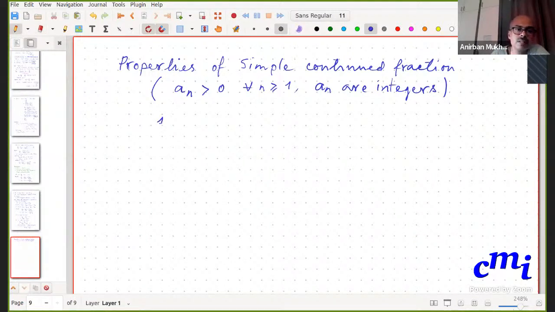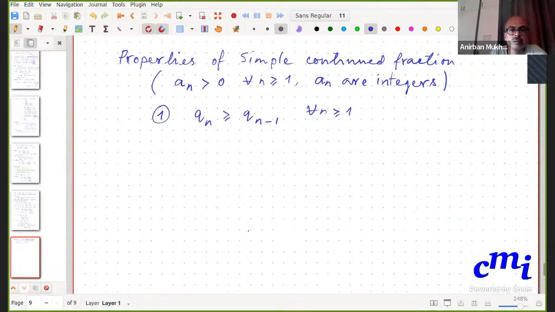So the first property is that Qn, the denominator of the convergent, increases. That happens for all n greater than or equal to 1. And there is strict inequality if you are looking at n greater than or equal to 2. So if you just leave out 1, then you have strict inequality.